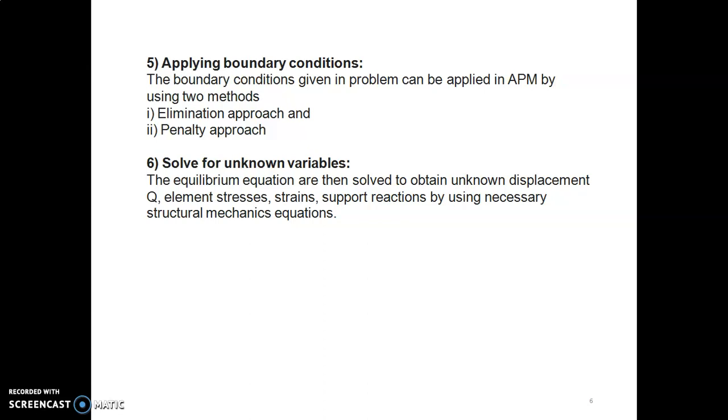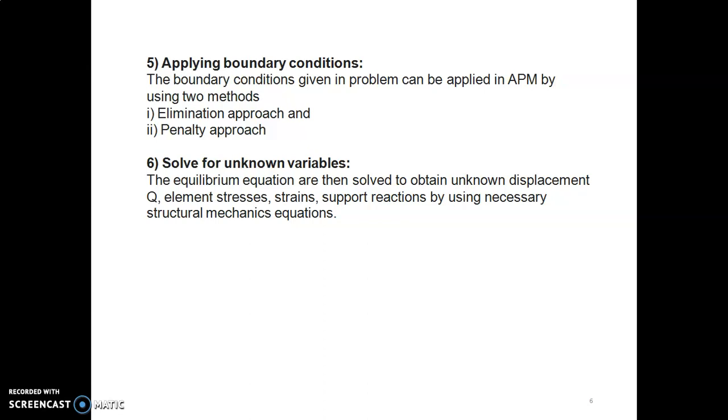And the last point is to solve for the unknown variables. Once the equilibrium equation is generated, then with the help of the elimination approach or the penalty approach, we have to find the elemental displacements, stresses, strains, and support reactions with the help of the boundary condition.